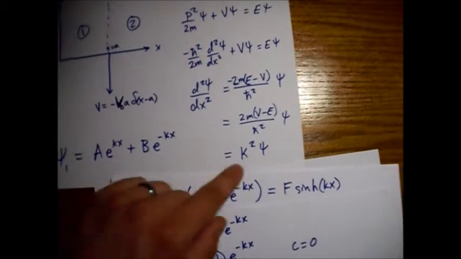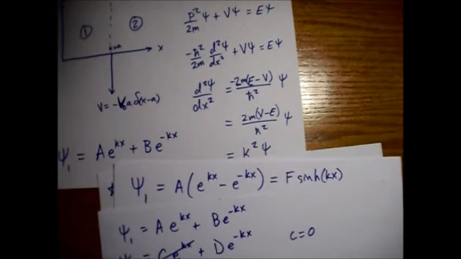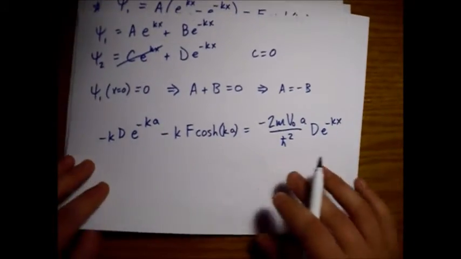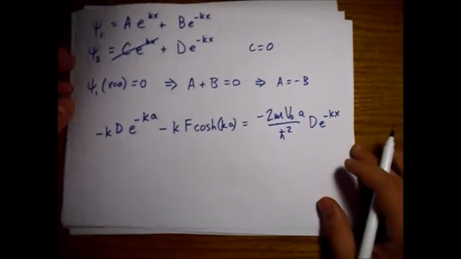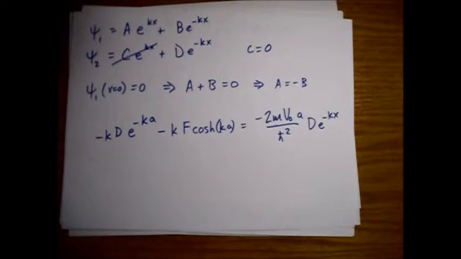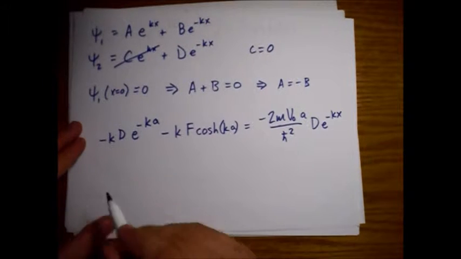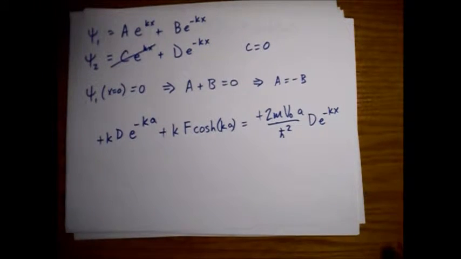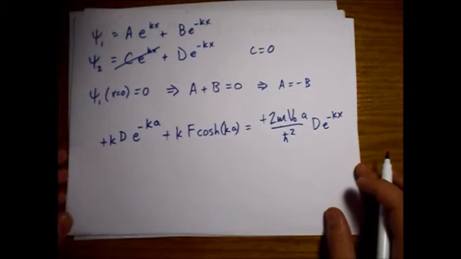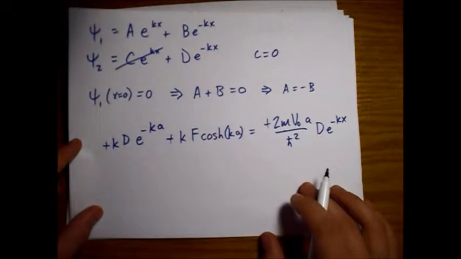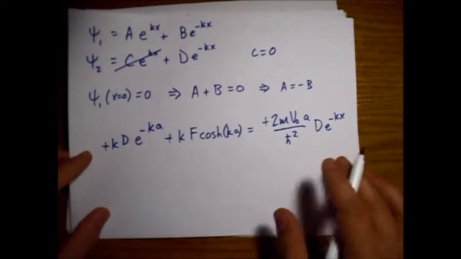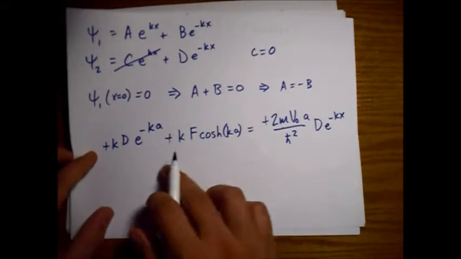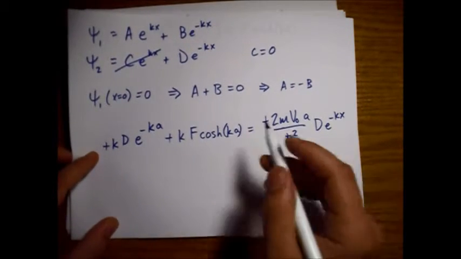So once we solve for k, then we can solve for the energy. All right, so that's our first goal. To simplify this a little bit, we can just take out these minus signs. All right, so this is one of our equations that constrains our wave function.